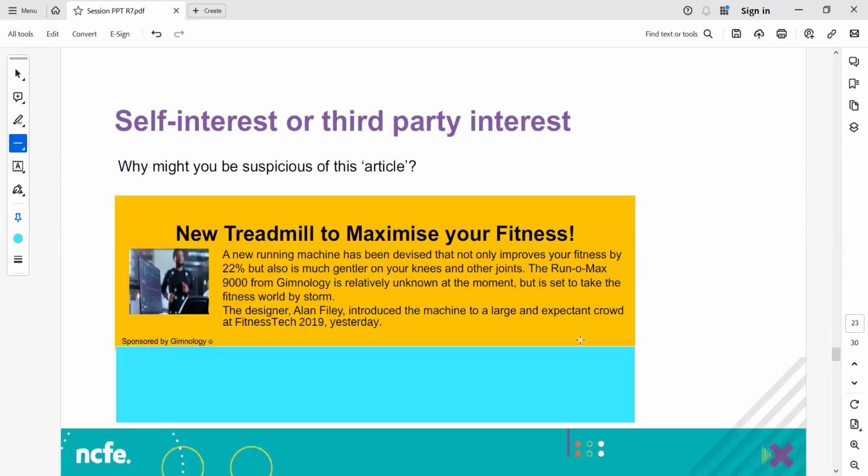So self-interest or third-party interest. So why might you be suspicious of this article? A new treadmill to maximise your fitness. A new running machine has been devised that not only improves your fitness by 22%, but is also much gentler on your knees and other joints.